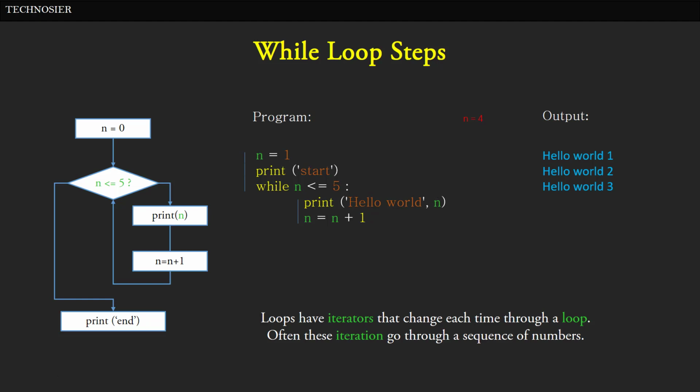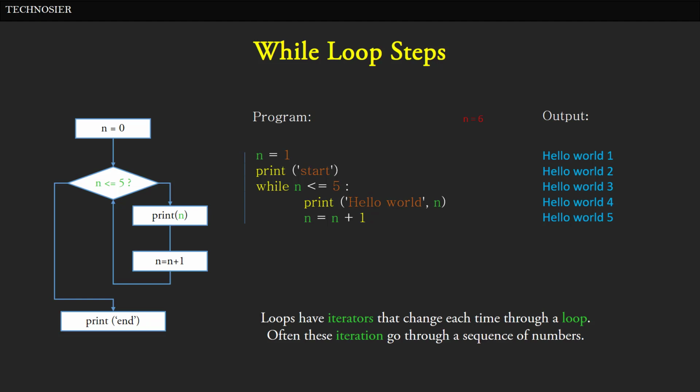Moving further, we check the condition n less than or equal to 5. This is again true, so the statement executes again. Now n equals 5, and we see the output hello world a fourth time. Running the loop again, the statement prints the last output of the program.